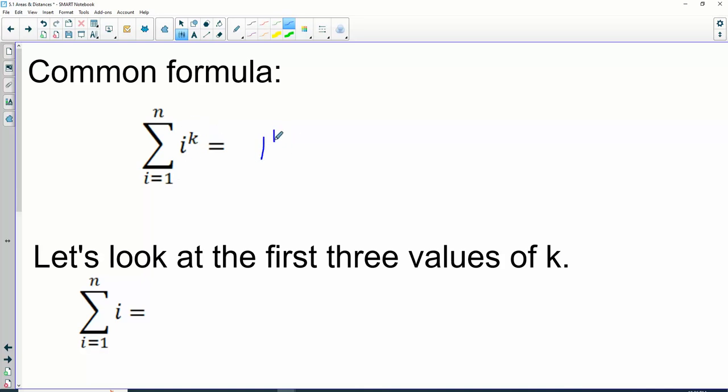So it's like 1 to the k power, plus 2 to the k power, plus 3 to the k power, all the way up to n to the k power. So we are going to get formulas to add up the first few things to the first, second, and third power.